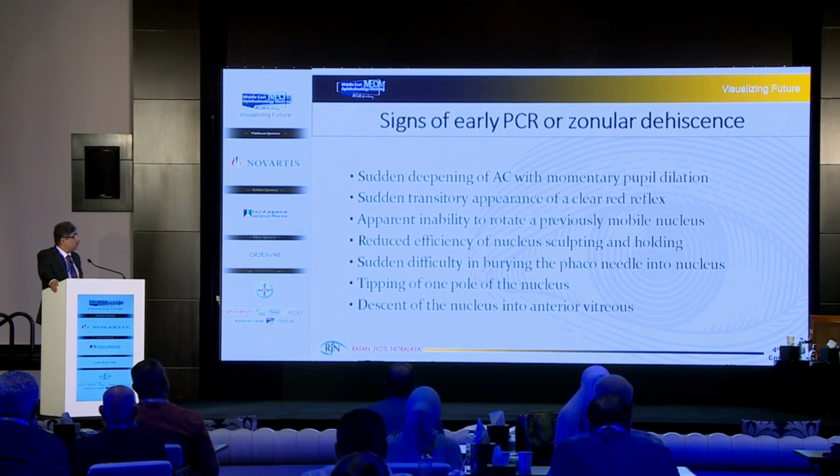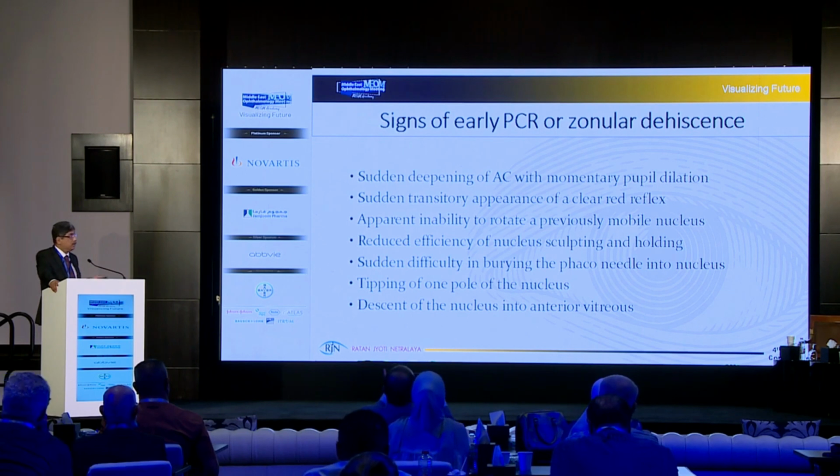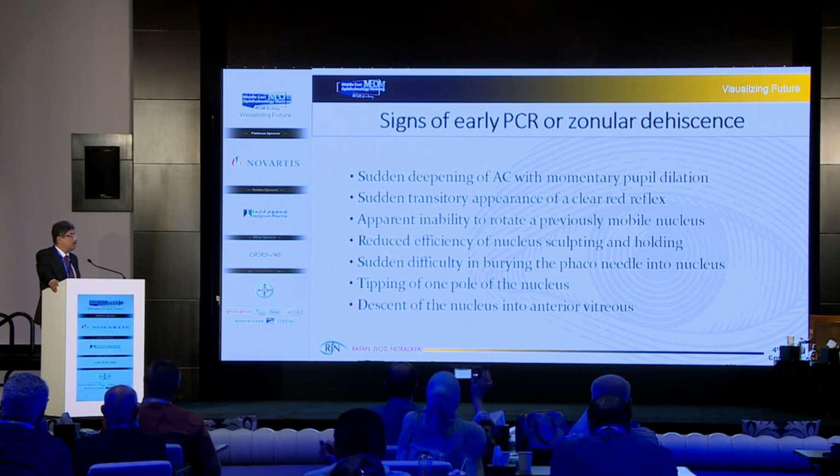There could be sudden transitory appearance of a clear red reflex through the cataract, or apparent inability to rotate a previously mobile nucleus. This is because of the presence of the vitreous. And there is reduced efficiency of nucleus sculpting and holding. Again, this is because of the presence of the vitreous in front of the phaco tip.